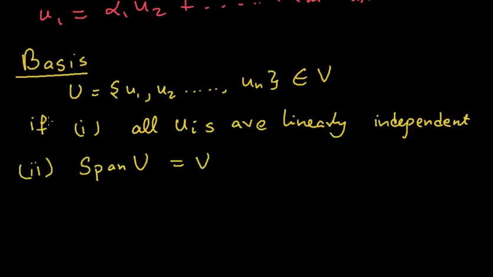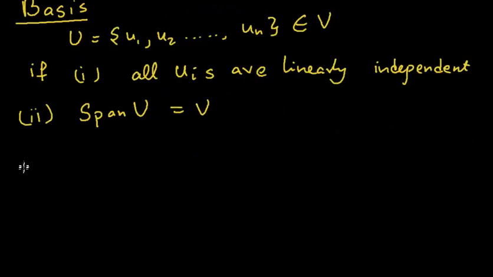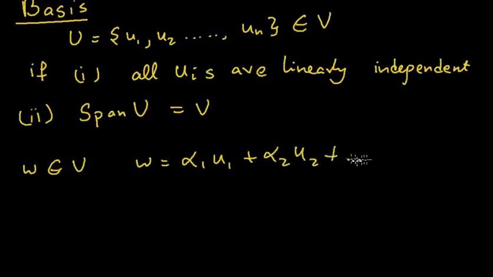If this is a basis for V, then any element W that belongs to V can be written as a linear combination of these vectors. W can be written as alpha 1 u1 plus alpha 2 u2 plus up to alpha n un.